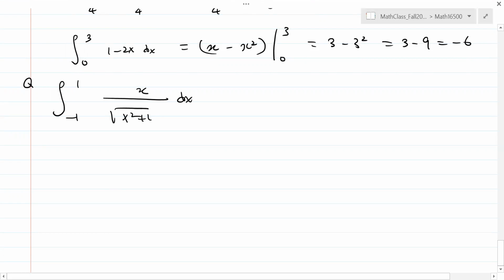If you use a computer, how does a computer evaluate an integral? It just takes the limit of the Riemann sum, because a computer can do that quickly. So express it as the limit of Riemann sums.